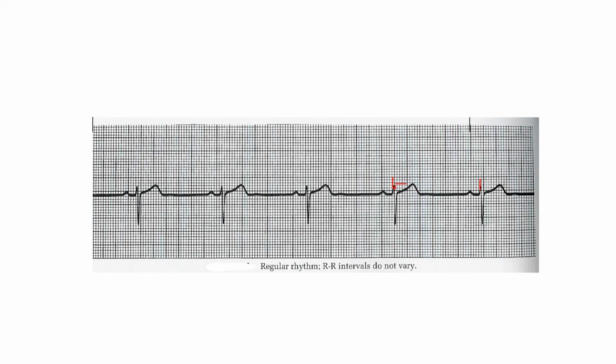So there's 5, 10, 15, 20, 25, 30, and 1, 2, 3, 4. So 34 baby boxes between R to R. I'm going to go to the back of my book, look at the number 34 for how many boxes there are, go across and look at what the heart rate would be. And it comes out to be 44. So this would give me a heart rate of 44.